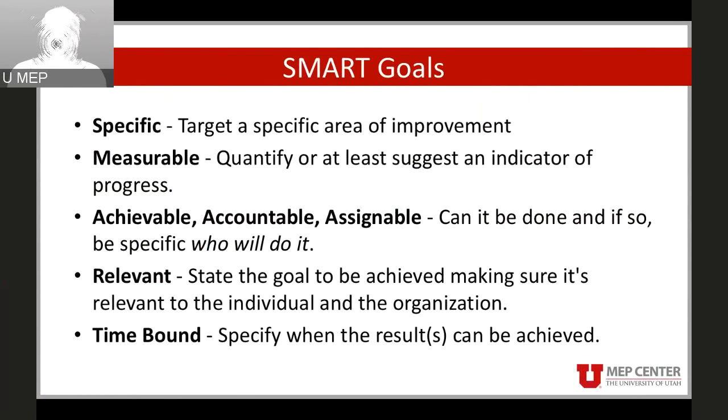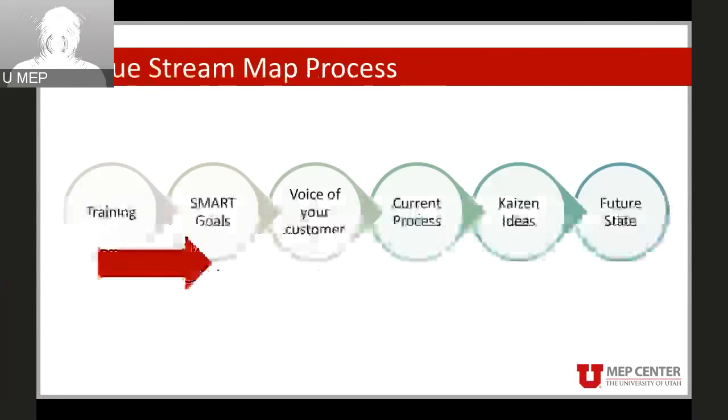So we need to make sure it's there. And likewise, we need to make sure it's relevant. The goal needs to be relevant to the individual and the organization and relate back to the project we're working on. Then, just like any other goal, we need to make sure there's some time-bound specifications applied to that goal. So we start with some SMART goals.